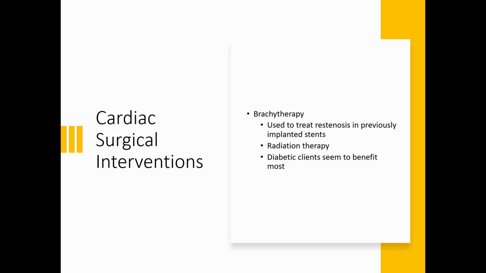This radiation therapy reduces the rate of stenosis within the stents in approximately 30 to 50% of patients. This is most beneficial to your diabetic patients. So this is one treatment that we have to try and prevent restenosis of any type of vessels in the heart.